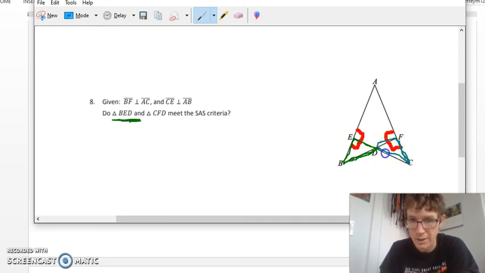So does this triangle here in blue match the triangle in green? Well, we know that this is a 90-degree angle, so that helps. Do we know anything about the sides?